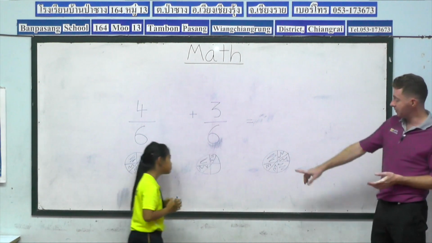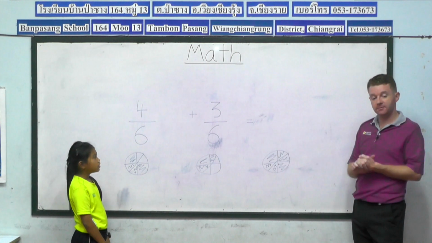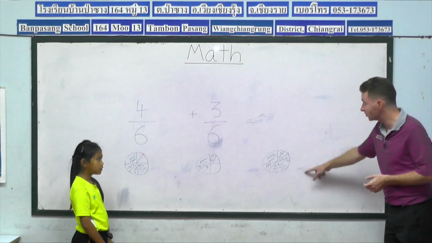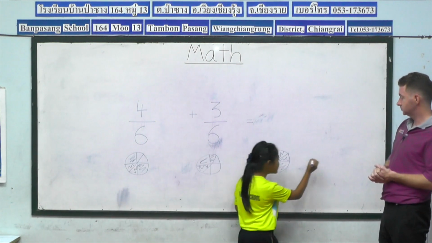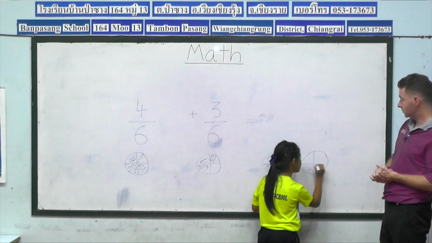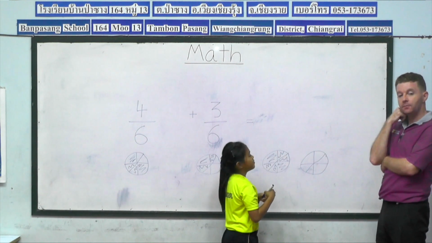Excellent. So how many parts do we have, guys? 6. How many do we need? We need 7. So that means let's have one more circle cut into 6 parts. 2, 4, 6. Now, how many parts of this circle? 1.